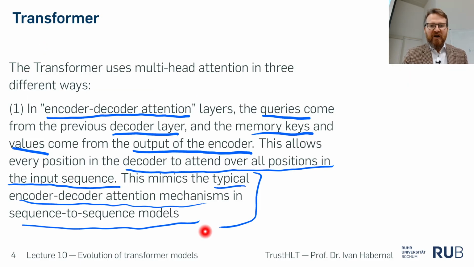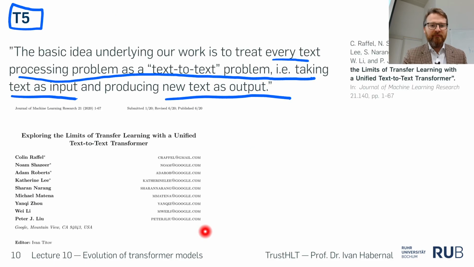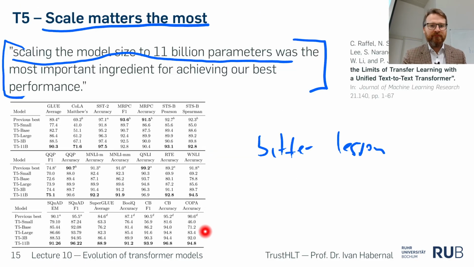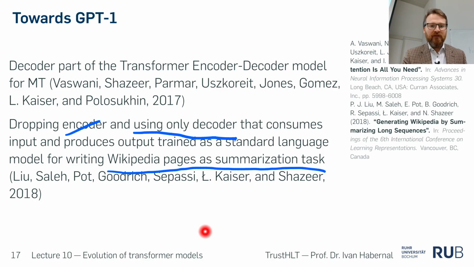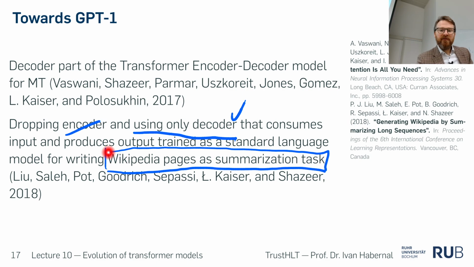So now we use only a decoder that consumes input and produces output, and it's trained as a standard language modeling task. So Wikipedia pages summarization. This is an interesting thing. What is a summarization task, by the way?